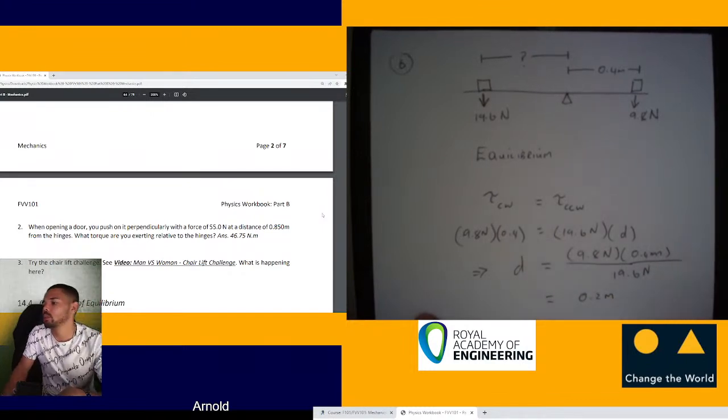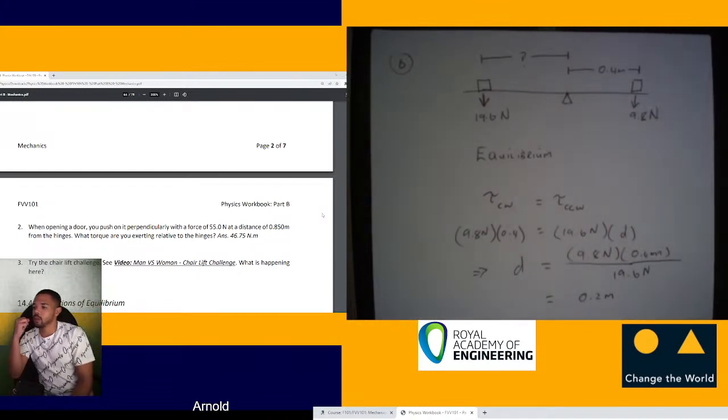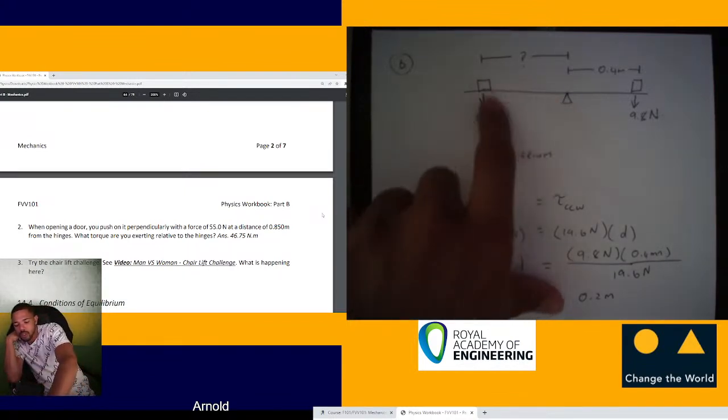That is the distance at which this 9.8 newton force must act in order for it to bring about equilibrium.